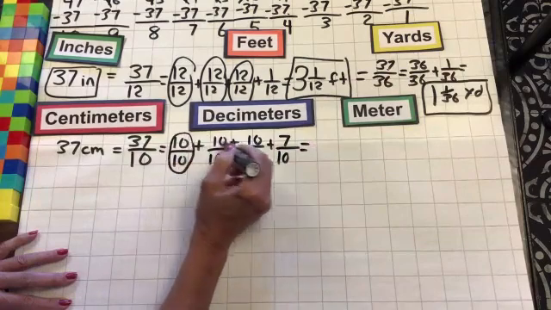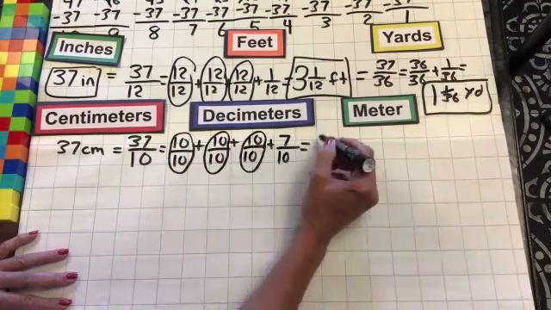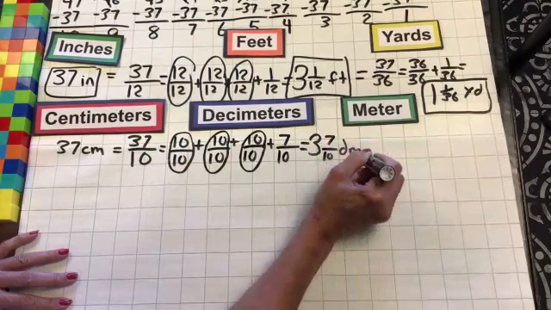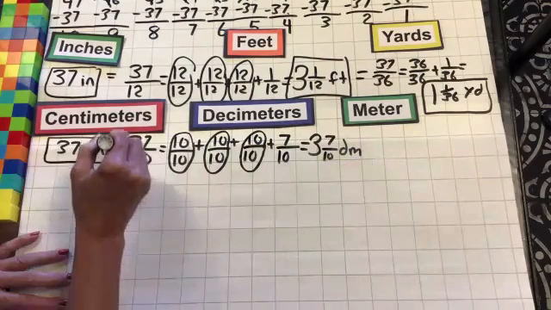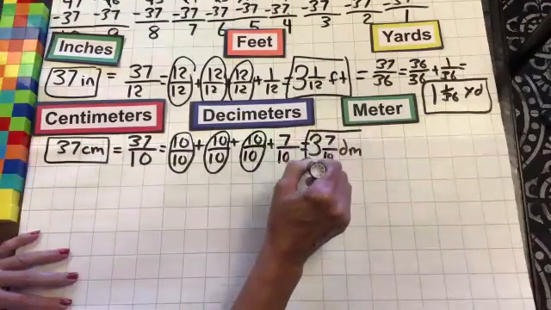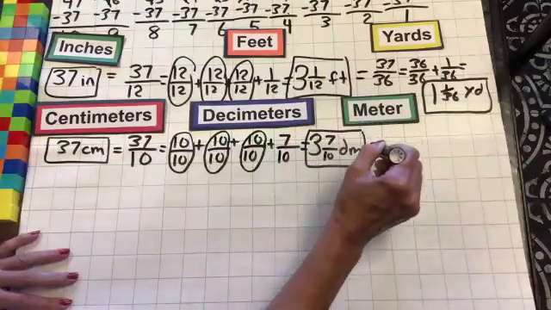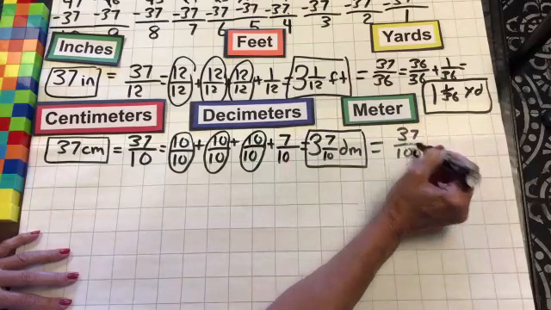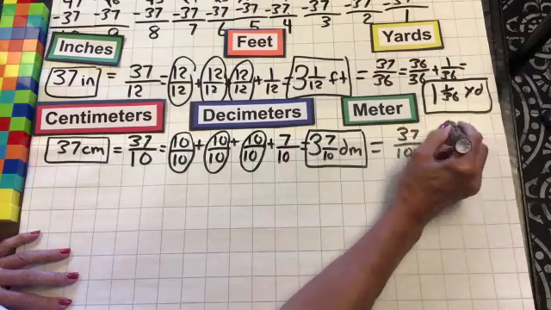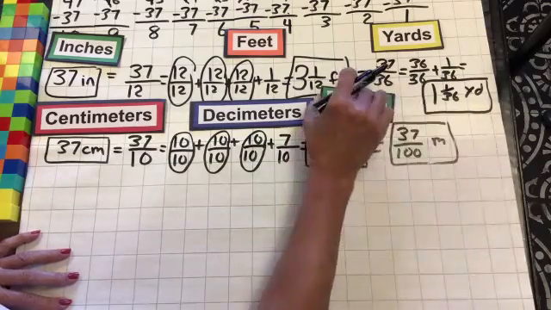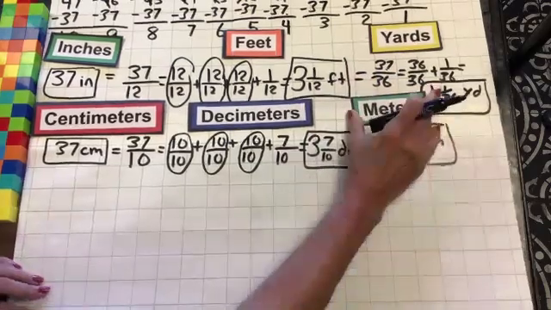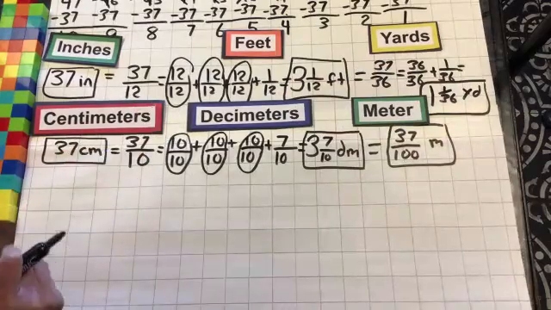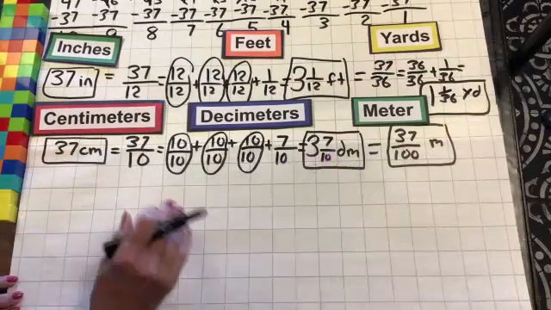So we have 3 whole and 7/10 decimeter. So 37 centimeters equals 3 and 7/10 decimeter, which equals 37 out of 100, or 37 hundredths of a meter. So there we have our linear measurement: inches, feet, yards, which is standard form, centimeters, decimeters, and meters, metric form.